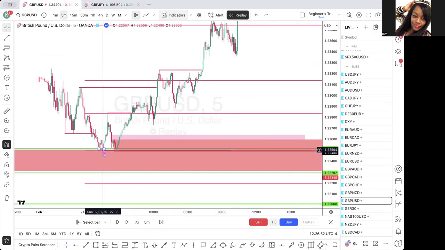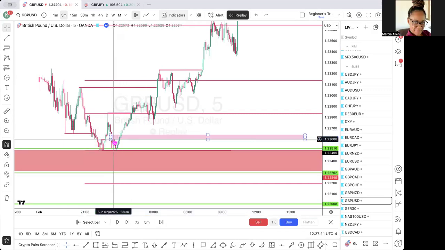Price closed below that low. This would be the 5 minute swing high, and this would be the 5 minute swing low. So once price broke that structure, we probably could have gotten in on that trade.